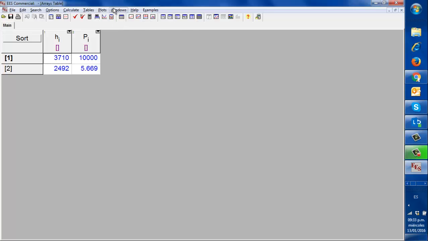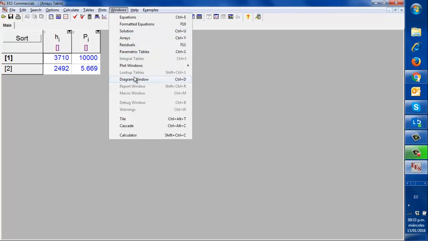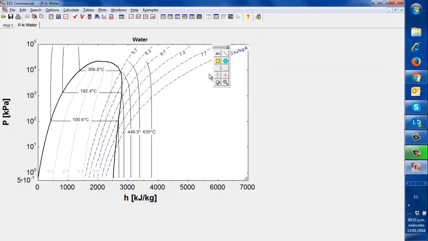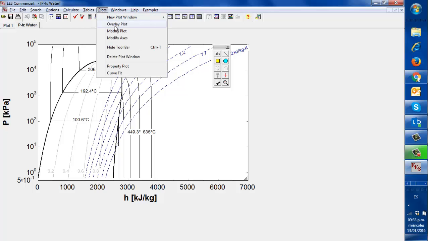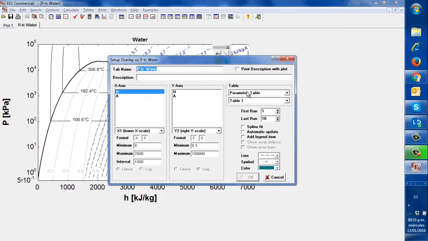So I go to Windows, plot Windows, and I have 2 plots. Remember, you will have the optimization, and we have this pH. So I can overlay the plot and say, no, I don't want to use my parametric table. I want to use my array table, and in the x-axis will be enthalpy and pressure, just the same as I have it here.